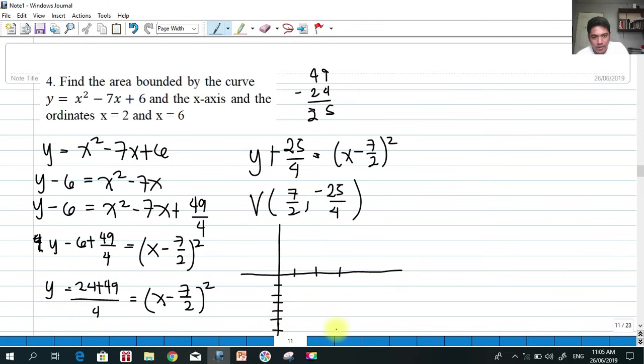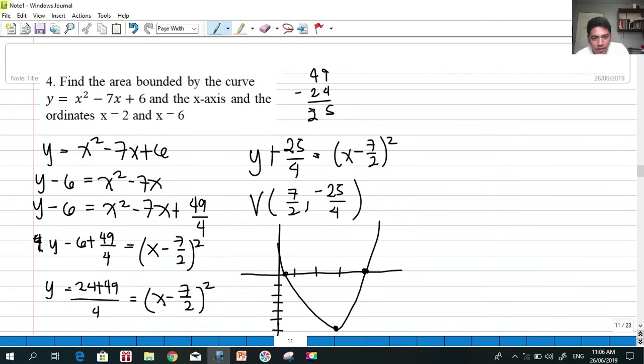Okay, let's say this is a rough graph of our parabola, opening upwards. As you can see, it passes this point, but we don't know exactly what that point is. And carefully notice that my drawing is not drawn to scale. The point of interest is that the ordinates are x equals 2 and x equals 6.